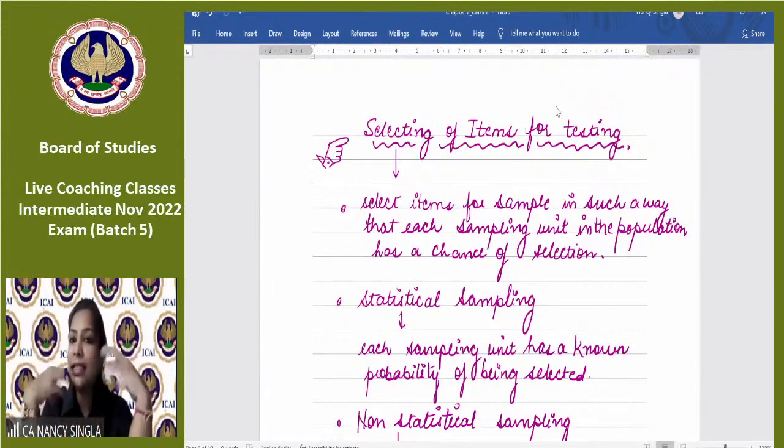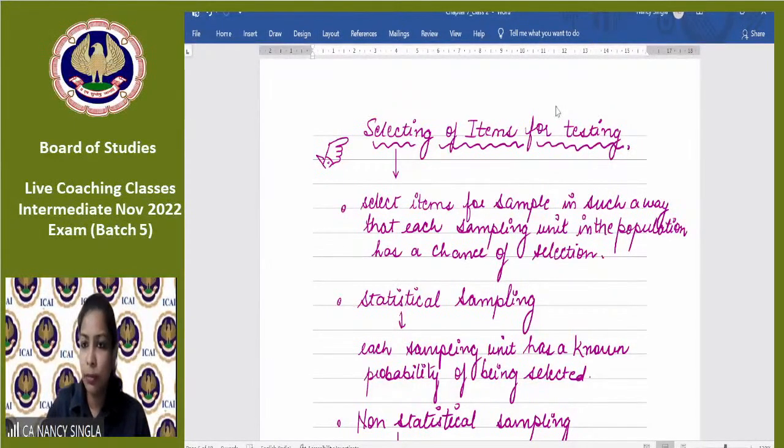In order to understand the population characteristics, stratification is there and value-weighted selection is there. Then we understood sample size. For sample size we saw that there can be a statistical formula, there can be professional judgment, but there are certain factors which we have just discussed in detail.